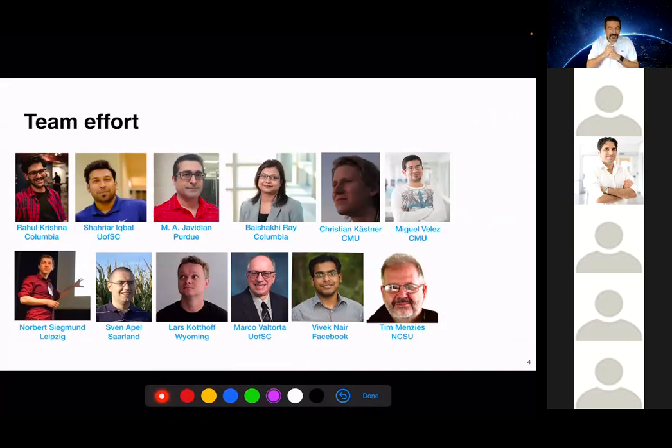Recently, we started collaborating with Rahul and Bashaki Ray from Columbia University. Shahriar from my team is leading the effort with respect to the performance optimization, and some part of this work that I'm presenting today, especially about causal inference, is led by Rahul and Shahriar.